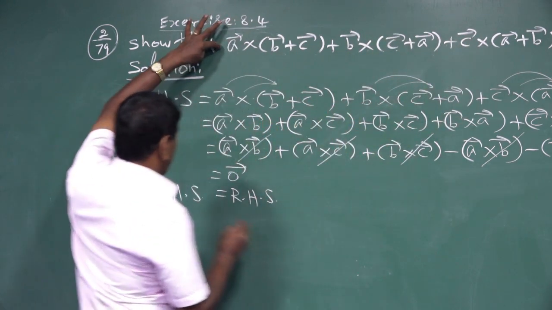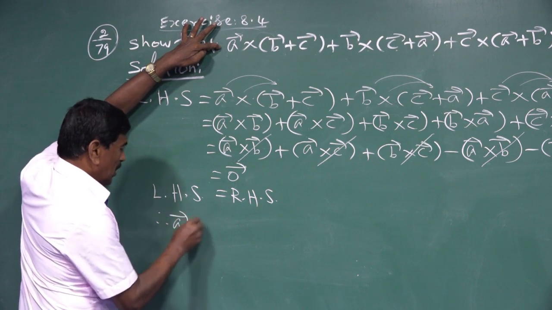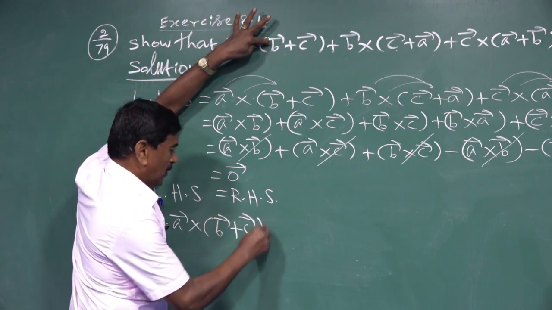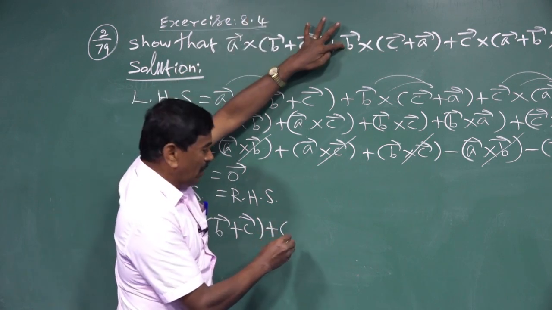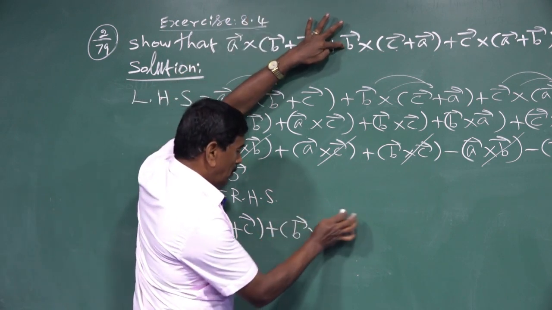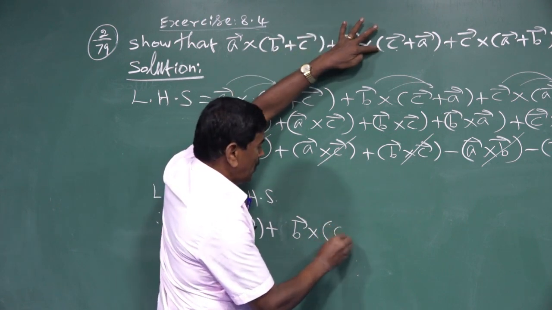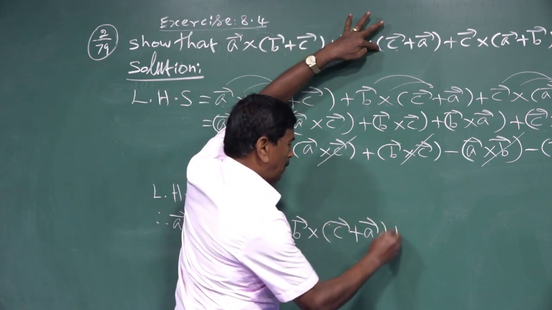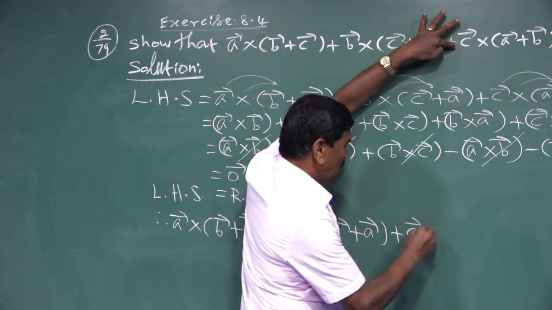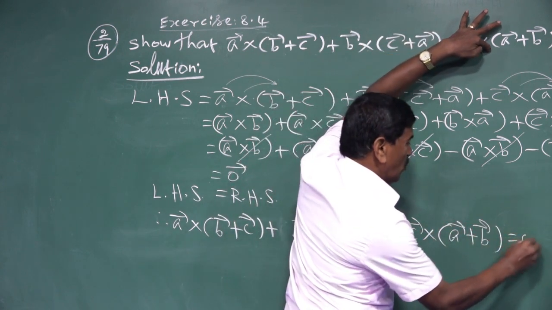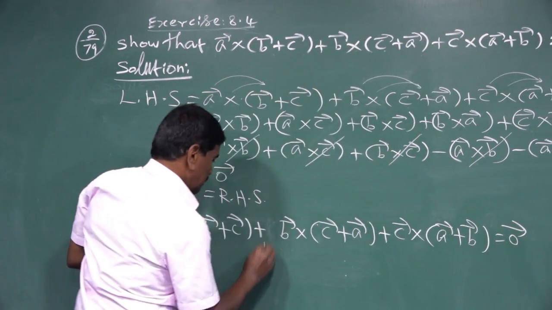Therefore, A vector cross B vector plus C vector, plus B vector cross C vector plus A vector, plus C vector cross A vector plus B vector is equal to 0 vector. Hence proved.